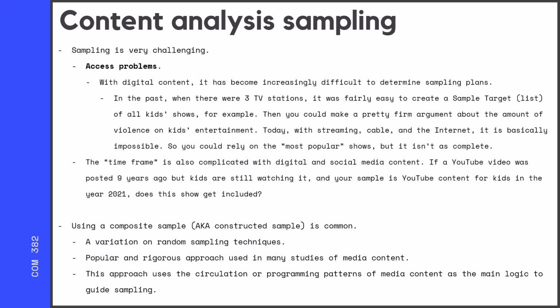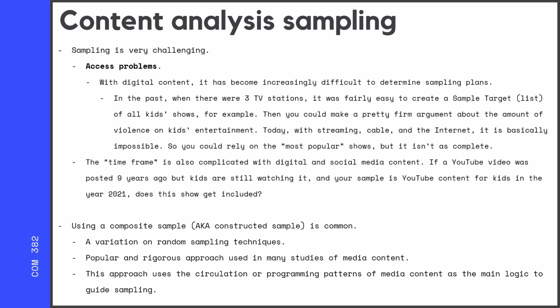Another challenge with digital and social media content is that time frame is very complicated. If you were saying, okay, these were teenage boy magazines in the 1970s, you can presume the magazine came out, kids read it, and that was it. Maybe they read it a month later, 2 months later, but that was it. Now, a YouTube video might have been made 10 years ago or something, and kids are still watching it today.